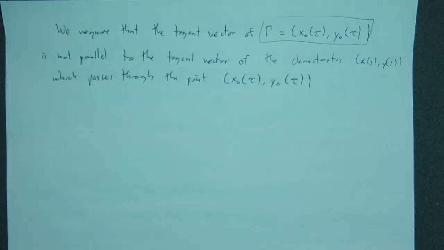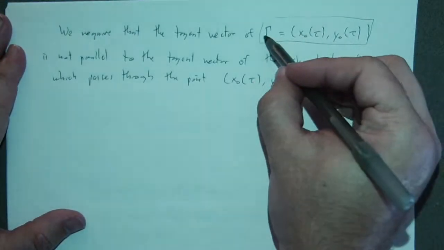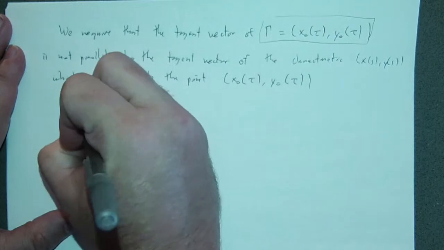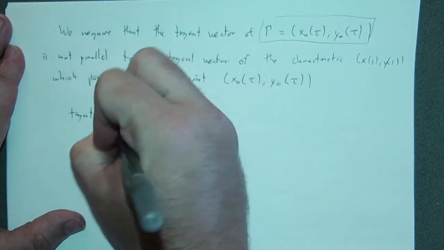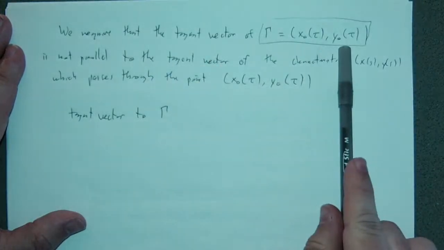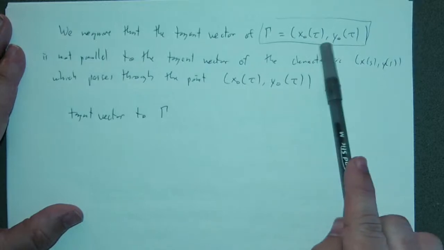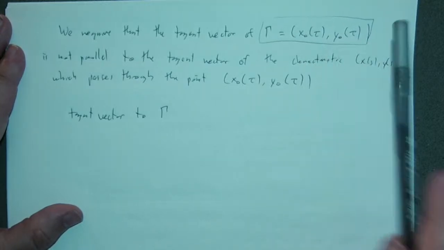But what is this? So first of all, what's the tangent vector to gamma? This is a parametric curve. I don't care about it being a unit tangent vector. So the tangent vector is obtained by just taking the derivative in each slot.